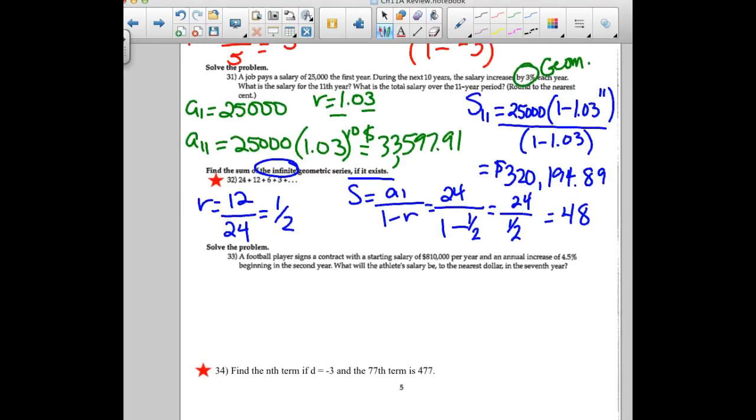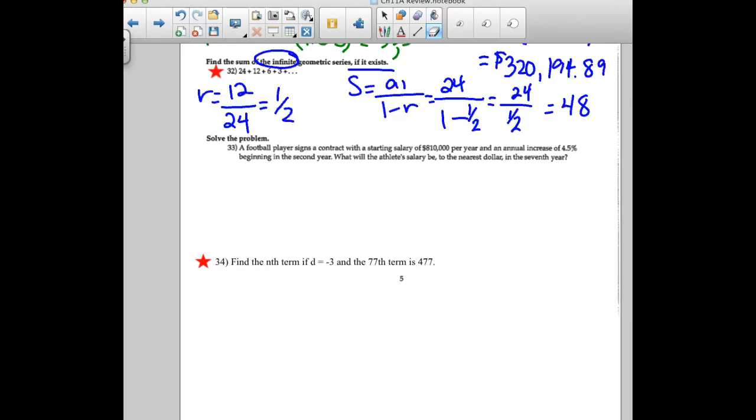Question 33. It says a football player signs a contract with a salary of $810,000 per year and an annual increase of 4.5% beginning in the second year. What will this athlete's salary be to the nearest dollar in the 7th year?